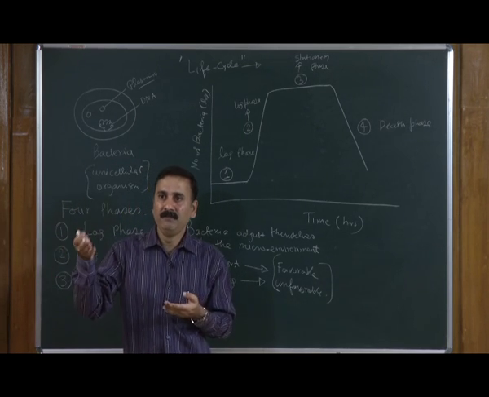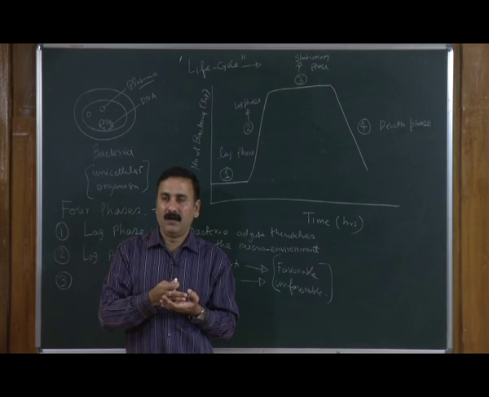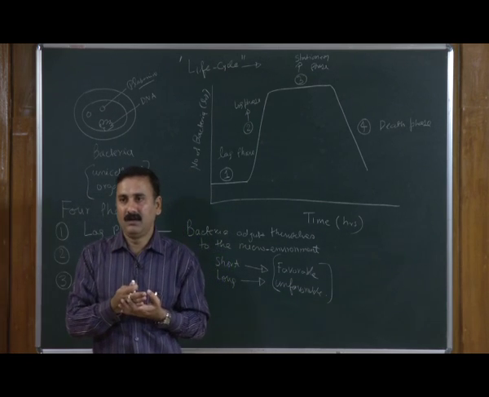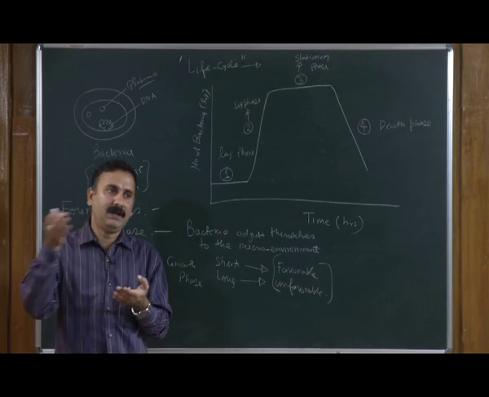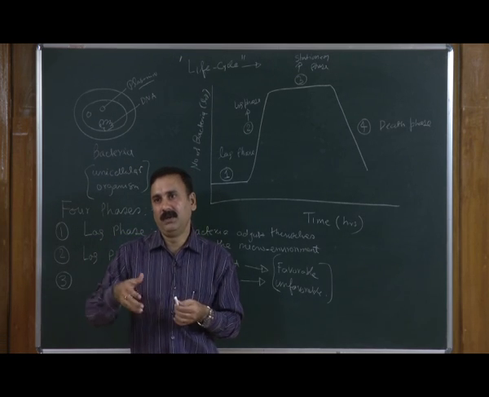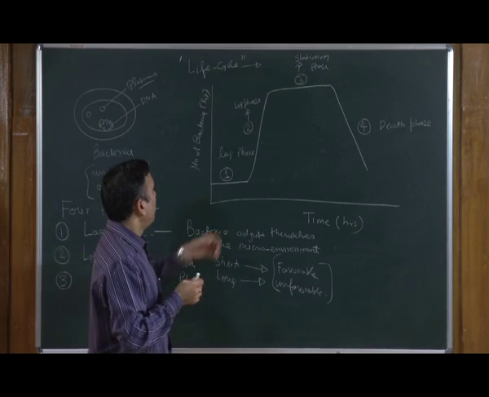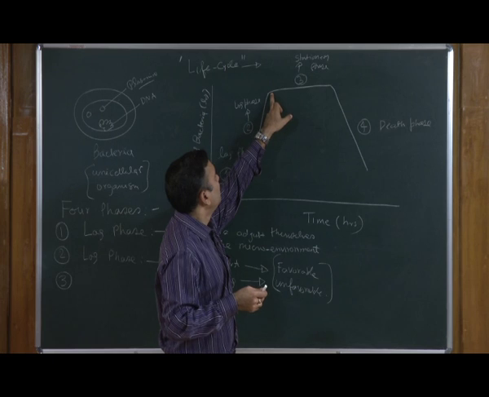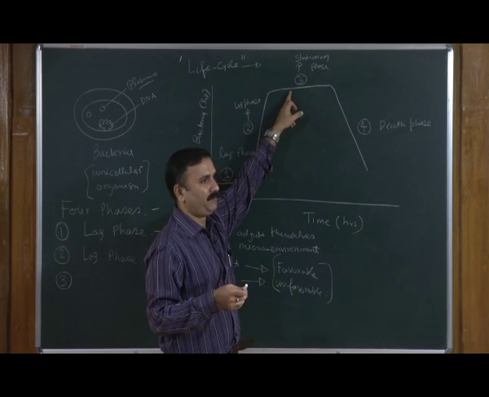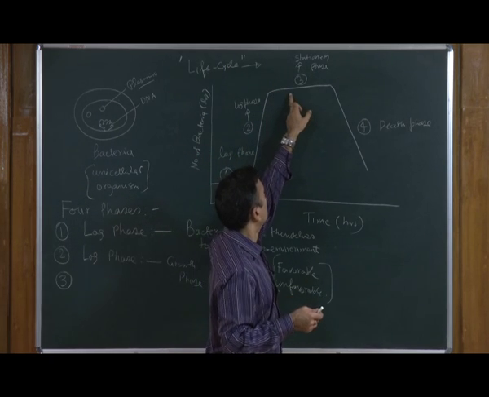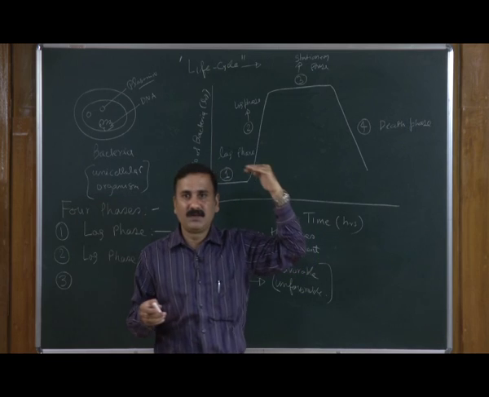So, as a result, it is utilizing the nutrients, but at the other end it is producing the byproducts. After some time there will be no nutrition or very little nutrition, so the number will stop increasing.